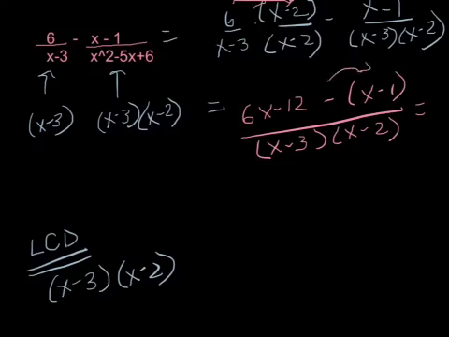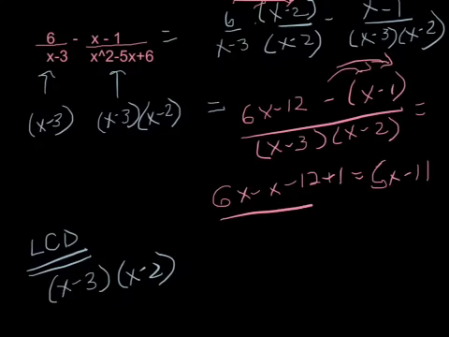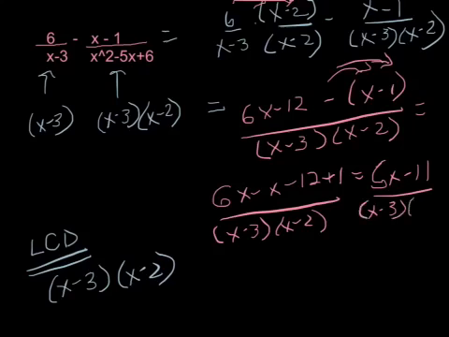Again, I'm going to have to distribute this minus sign over everything inside the parentheses. So I'll have 6x minus 12 plus 1, which will be 5x minus 11 all over x minus 3 times x minus 2.